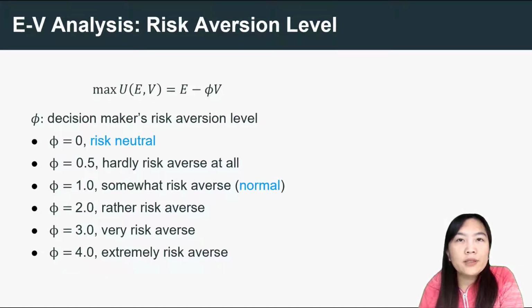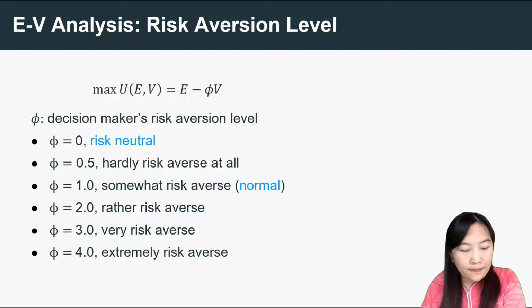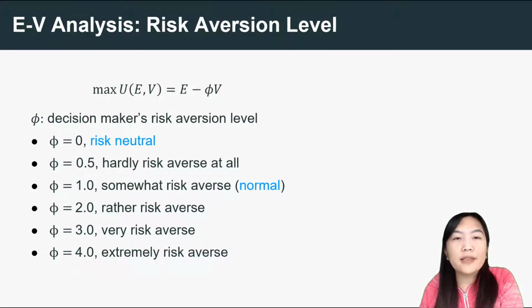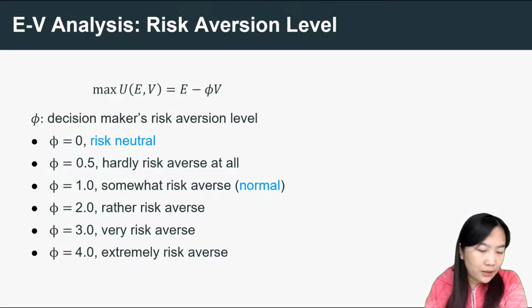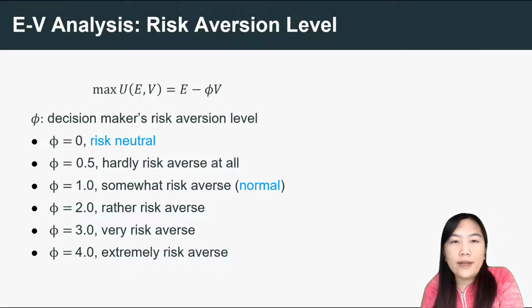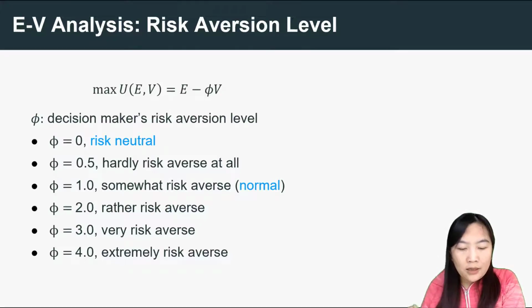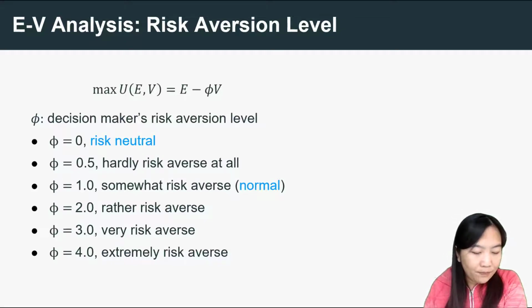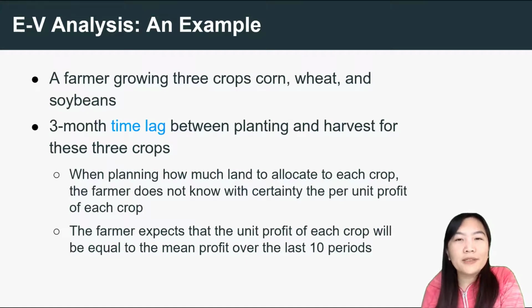And if you're interested, you can probably dig more into that. And here I just introduced to you a very simple, easier way to understand the risk aversion level and to move on with our EV analysis. But when you're actually doing research and trying to measure a person's risk aversion level, it is not as easy as what I'm showing you here. You just assign a number to that person.